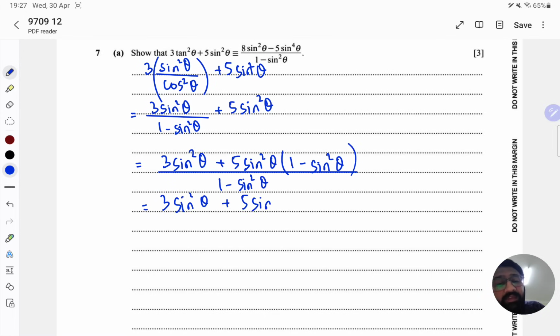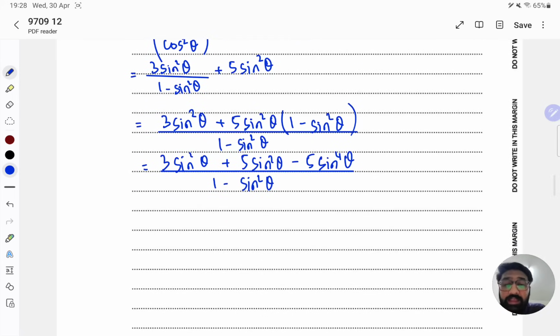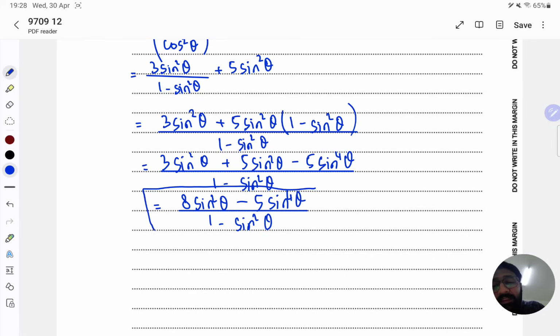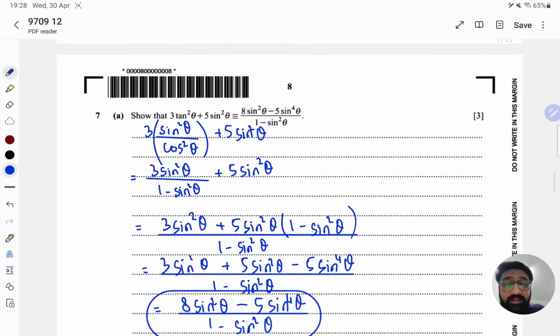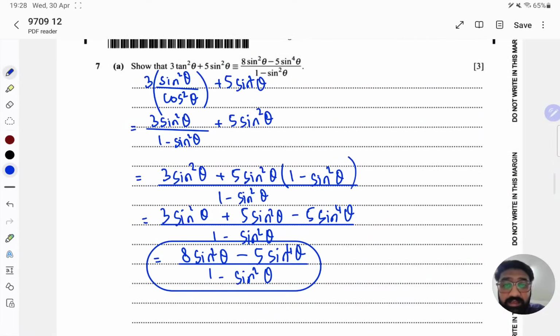So it will be 5 sin square theta minus 5 sin to the power 4 theta divided by 1 minus sin square theta. So the like terms, if we add them, it will be 8 sin square theta minus 5 sin 4 theta divided by 1 minus sin square theta, and that is, I think, what we were supposed to show: 8 sin square theta minus 5 sin 4 theta over there.